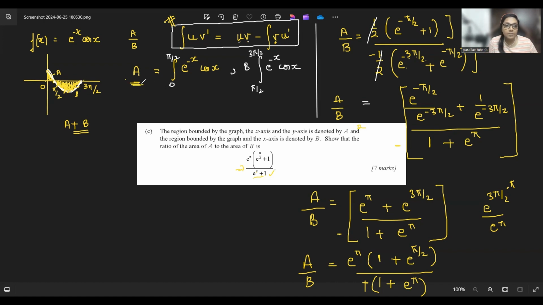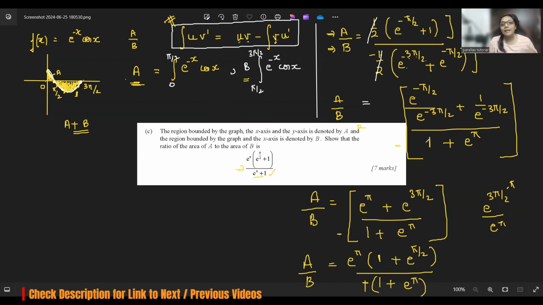One region becomes A, one region becomes B. Then we found out the integral first using the integration by parts. We found out region A, definite integral, found out region B, divided both, took some things common, used the powers and indices formulas, and finally we got this result which we wanted, and we get our 7 marks.